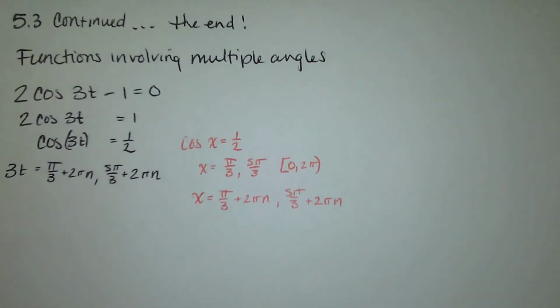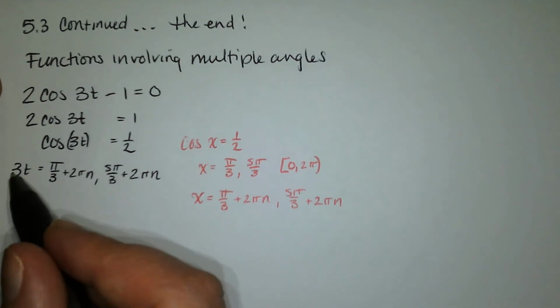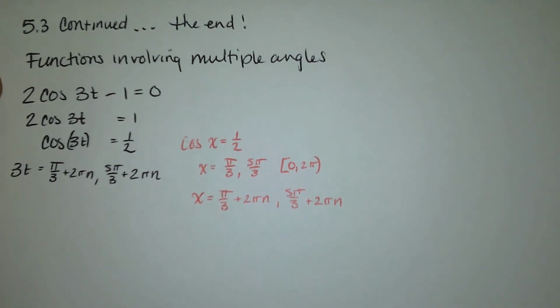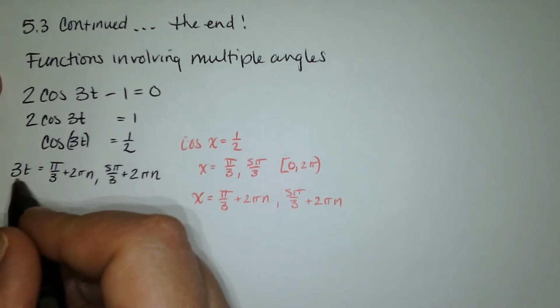But we haven't actually solved for t. We solved for 3t. So what we have to do in order to do this is actually divide the answers by 3 or multiply by 1/3. That might be a little bit easier in this case. And that's how we're going to get our answers.